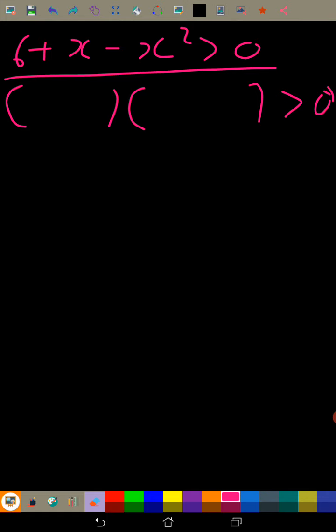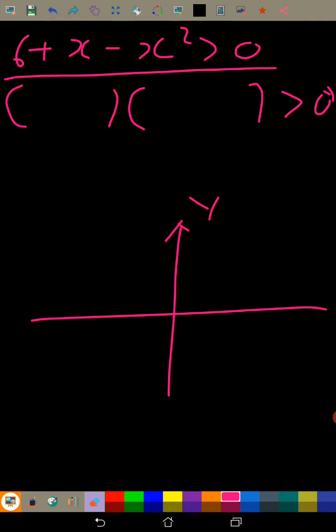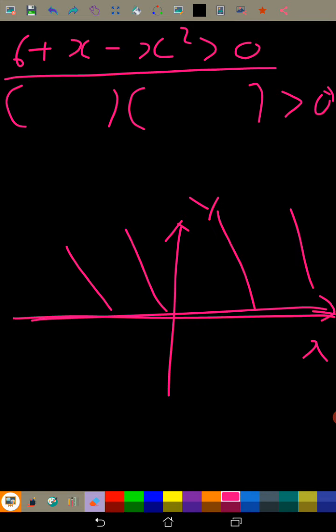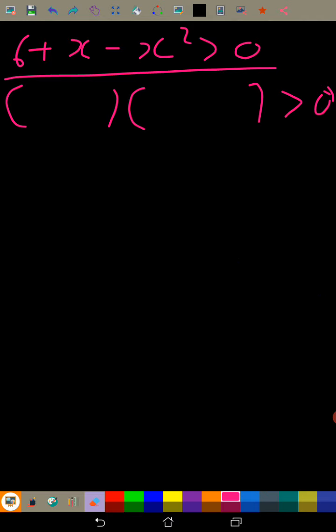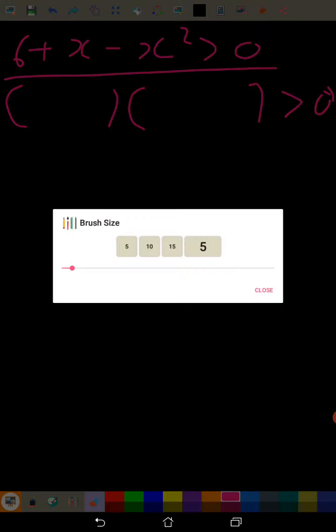So we want all the values of y. Let's say that this expression gives us the value of y, so we want everything that is above the x-axis. All right. So I'm going to erase this. And how are we going to factorize this? That's a good question.